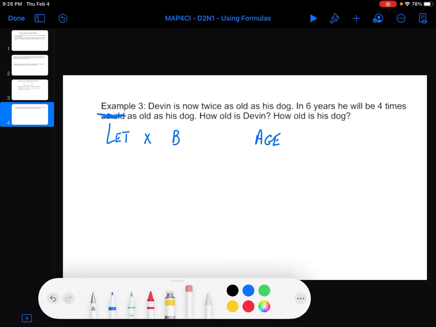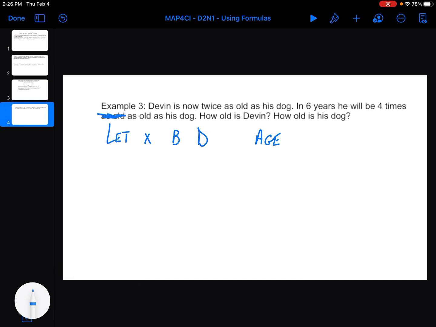I think it'll just make the formula a little bit easier. So let X be the dog's age, because Devin's twice as old as his dog. So Devin is 2X right now. In 6 years, he's going to be 4X. Okay, so the dog is X here and X plus 6 over here.